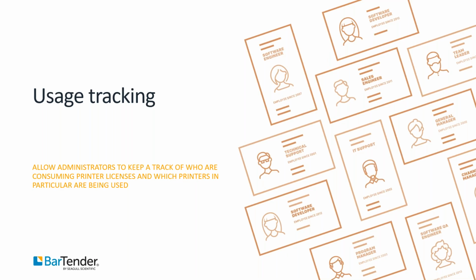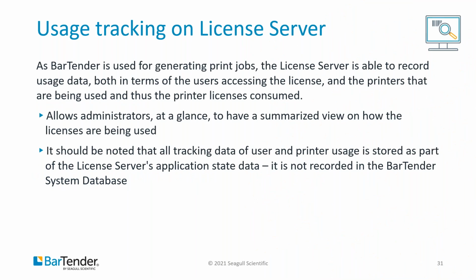Usage tracking. Also from the license server, we want to track who and what printer licenses have been used for management purposes. As BarTender is used for generating print jobs, the license server is able to record this usage data, both in terms of users who are accessing the license and the printers that are being used and therefore consuming the printer licenses.